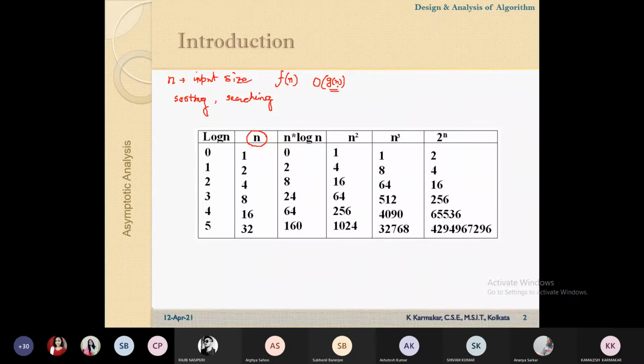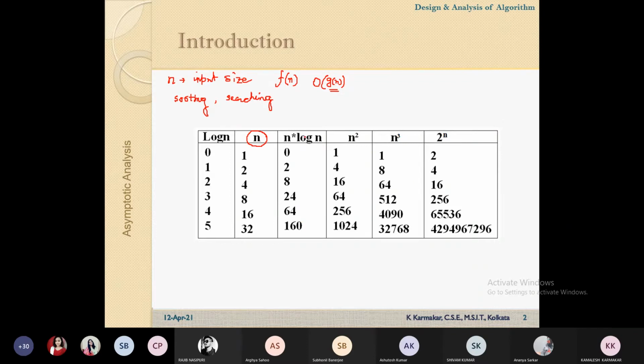If the complexity of this function is n log n, how will it be affected? Eventually we will understand how the performance of the algorithm is affected. In that way, it will vary.